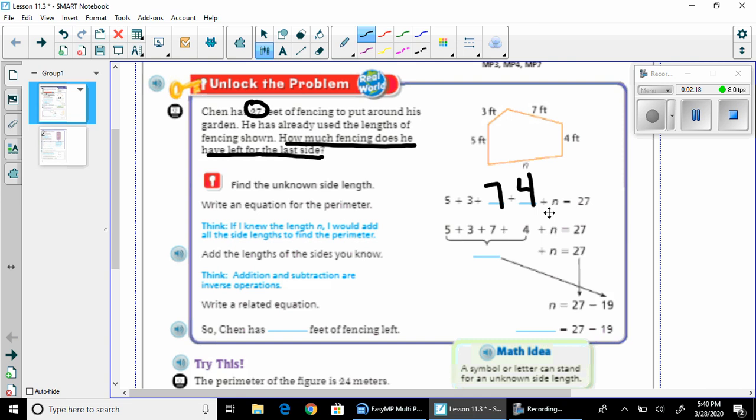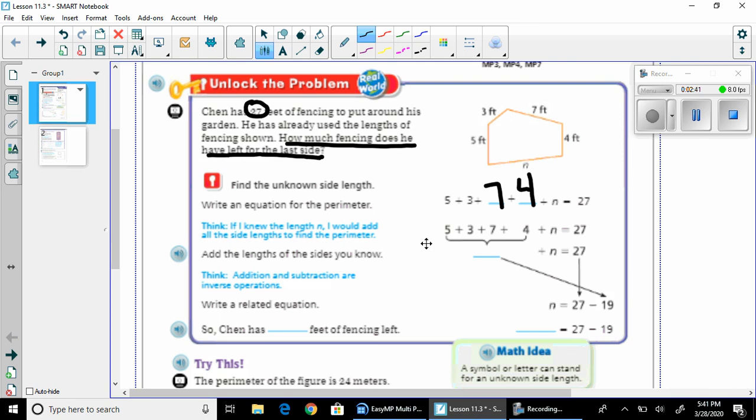Okay, so they are telling us that our perimeter or distance all the way around is 27. So from here all the way around should be 27 feet. So to find our unknown side, we are going to be adding up the lengths or the sides that we do have and then subtracting them by our perimeter to find our unknown length or side.